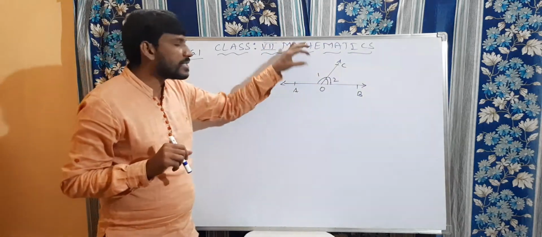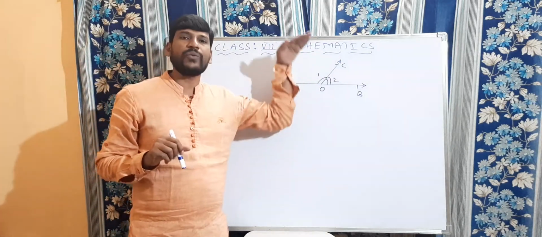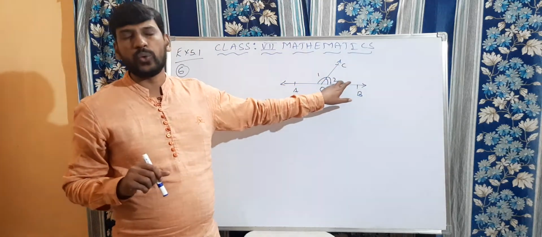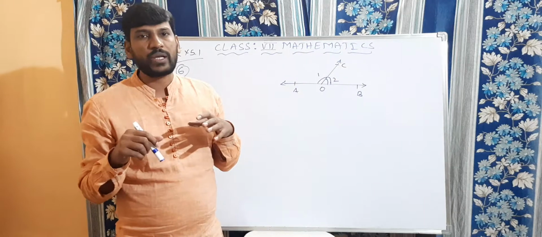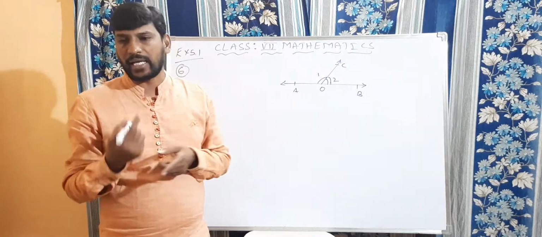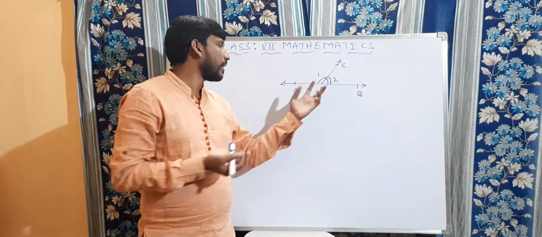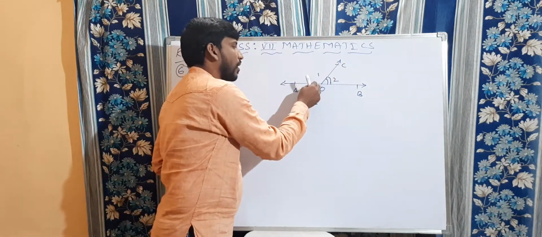If angle 1 is decreased, what changes in angle 2? Will it remain the same, or what are the changes in angle 2? After changing angle 2, will these two still be supplementary angles or not, they are asking.